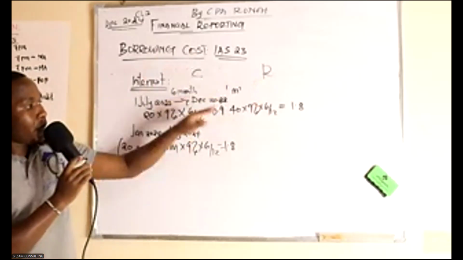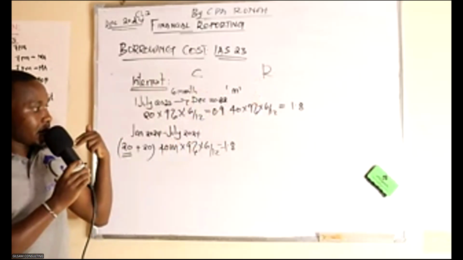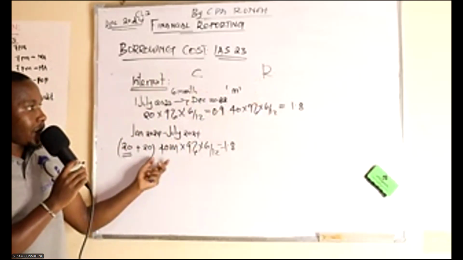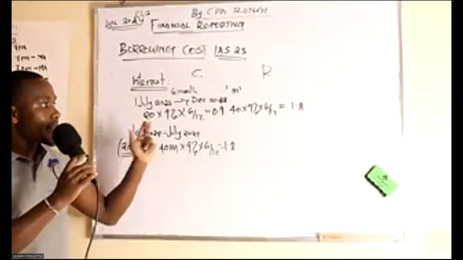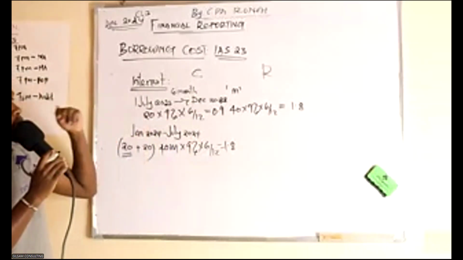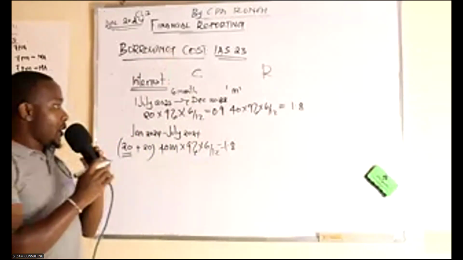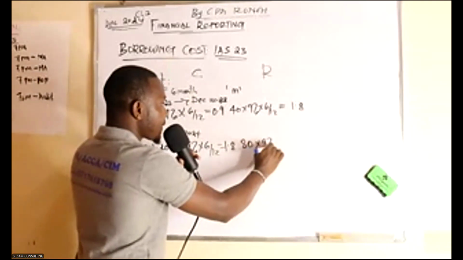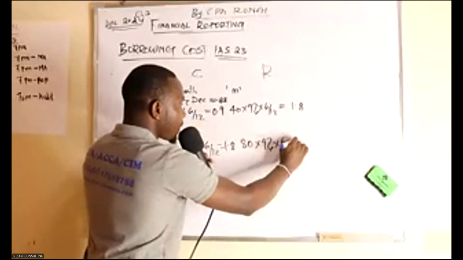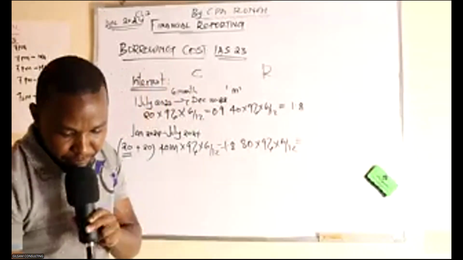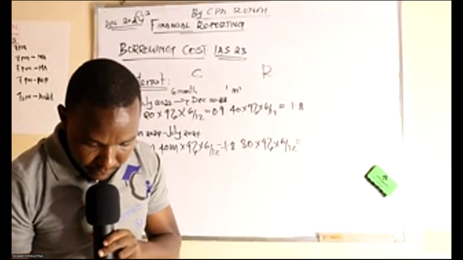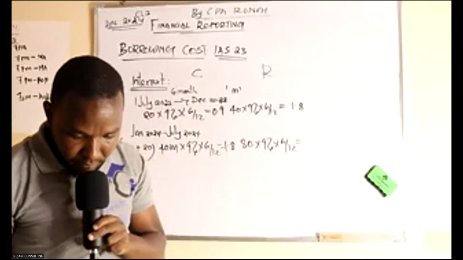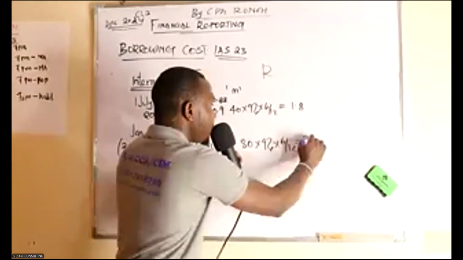And then the same on the project robotic. Robotic took 40 million for the first 6 months, and then for the last 6 months also took 40 million, but we want the cumulative value of the total cost. So 40 plus 40 will be 80 million times 9% times 6 over 12. So 80 times 0.09 times 6, we divide by 12. That one gives us 3.6.